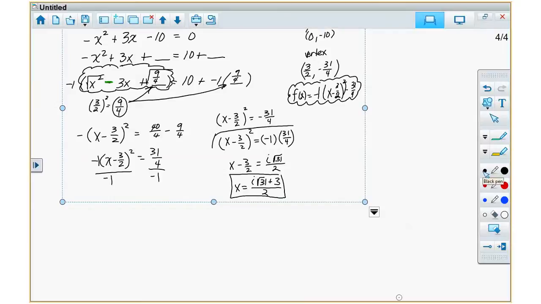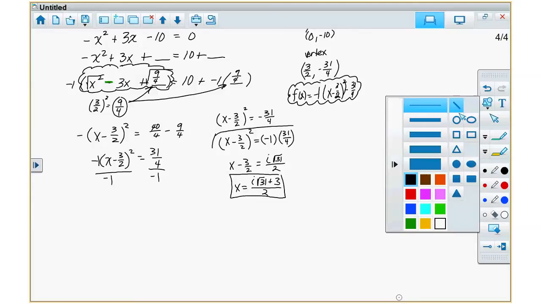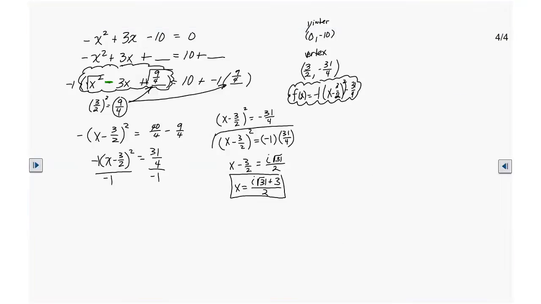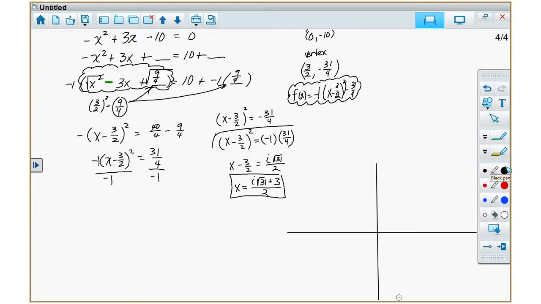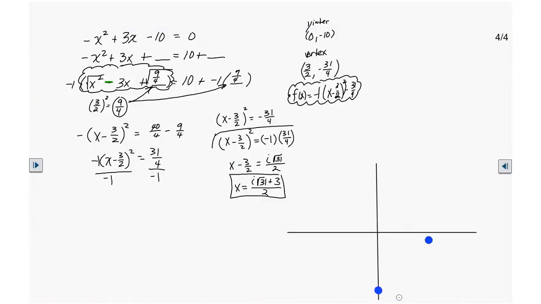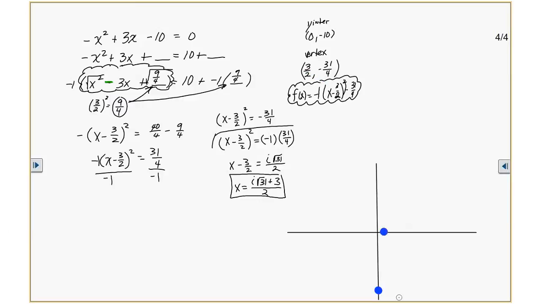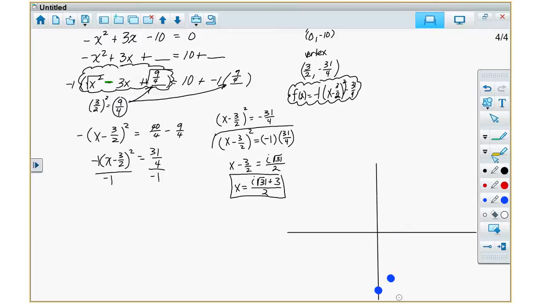Let's draw our handy dandy crosshairs. And let's put here's my y-intercept, 0, -10. And my 1.5 is right here. And negative, we'd say -8. Now what can you tell me about this parabola? Let's take our handy dandy white highlighter.